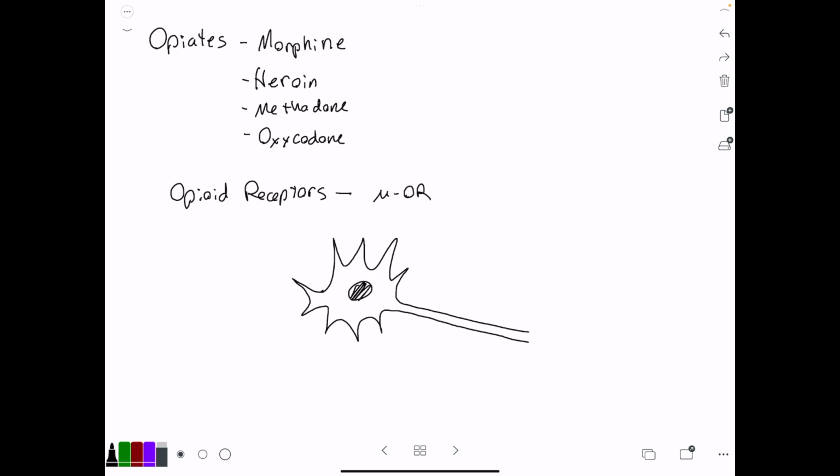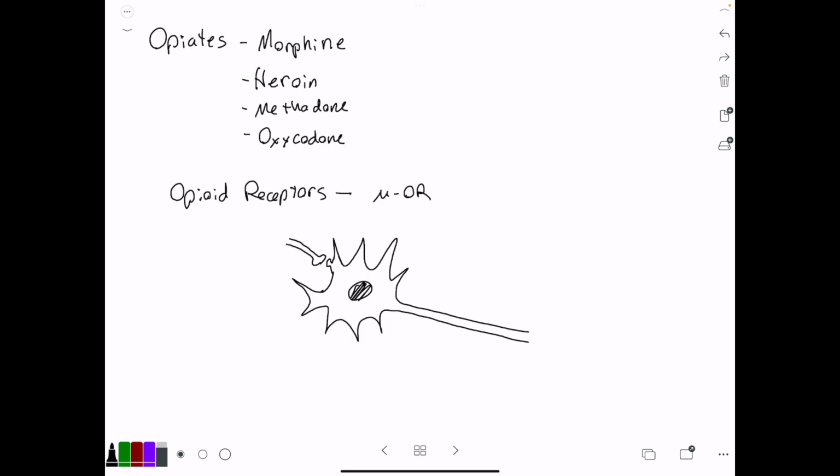And so first, the mechanism that it has directly onto the dopaminergic neurons is very similar to what we see in our cannabinoid effects, right?